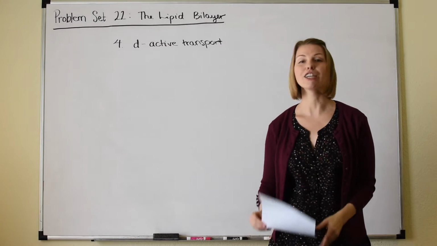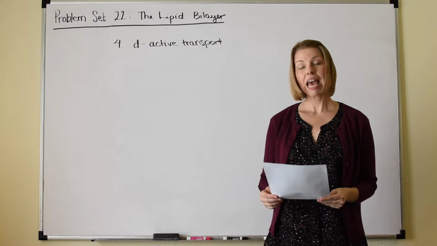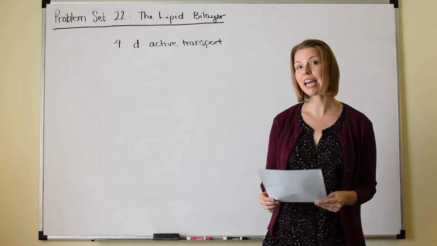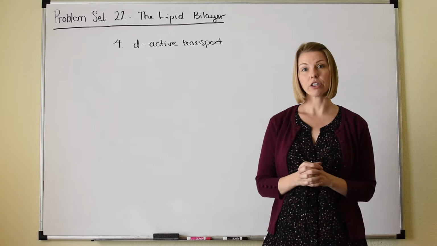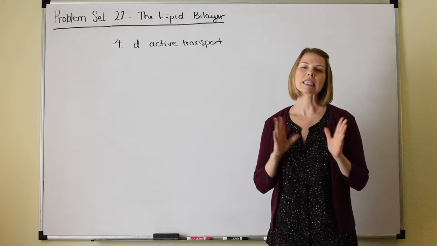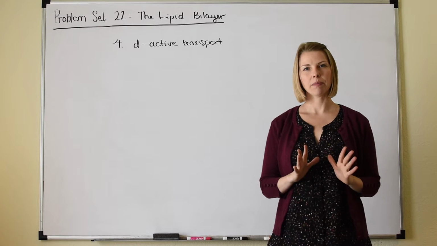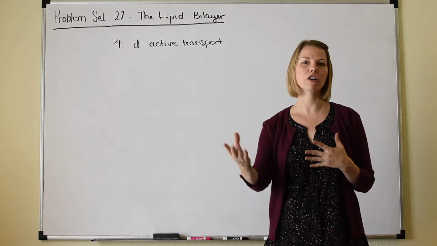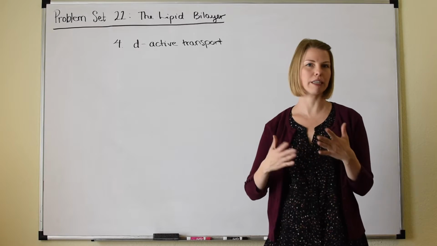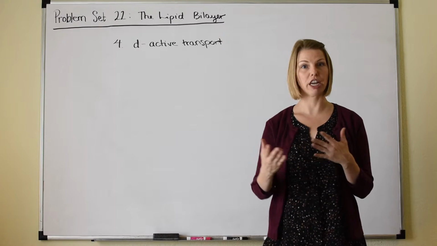All right, number 5, last but not least, explain how facilitated diffusion and active transport differ. Okay, so remember that facilitated diffusion occurs when a molecule is too large to undergo just simple diffusion through a protein channel.